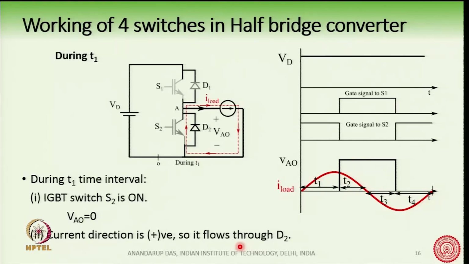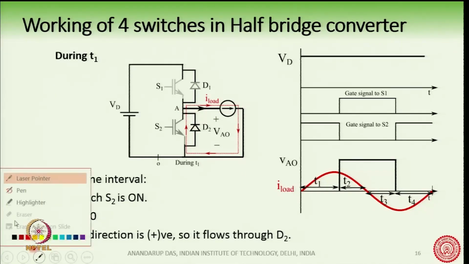During this time we have now two possibilities. Either S2 will be on or D2 will be on, and we see that because the current is in the positive direction, that means the current is flowing from left to right, only D2 is conducting, because D2 has this path and the path of the current is like this.